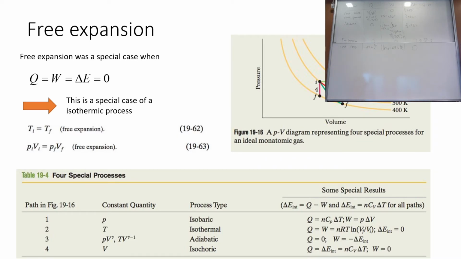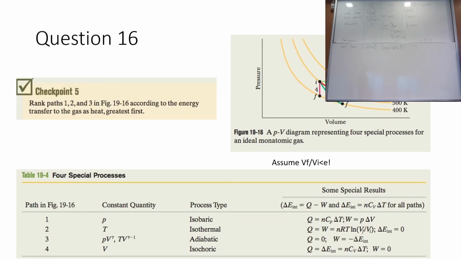So basically, we can fill in all of this table with explicit formulas for each one now. If you want to work out the heat, we've got explicit formulas.